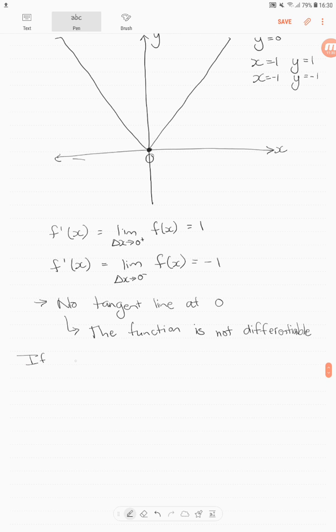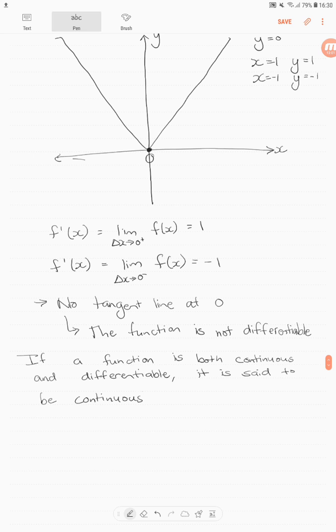If a function is both continuous and differentiable, it is said to be continuously differentiable.